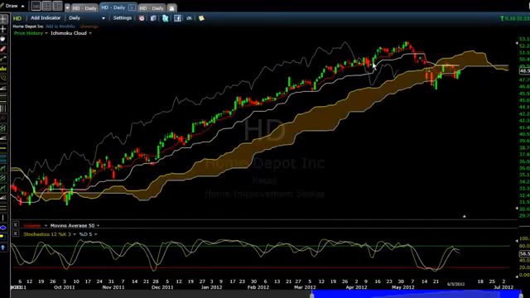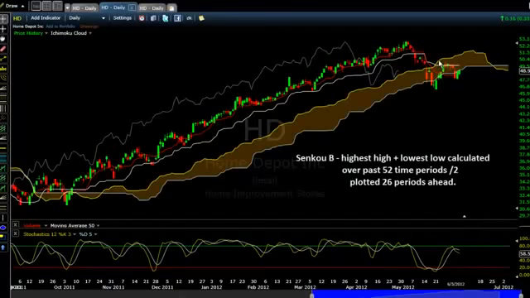So these closing candles here are actually projected 26 periods into the future, and that's where the Kumo occurs, 26 periods in front, span A. Span B is the highest high and lowest low calculated over the past 52 candles, divided by 2, and then plotted 26 periods into the future.